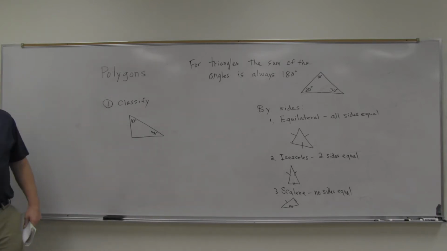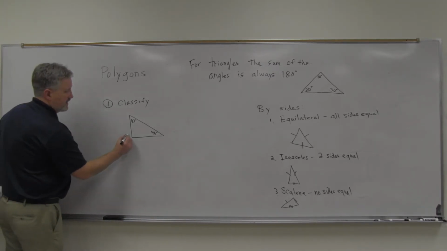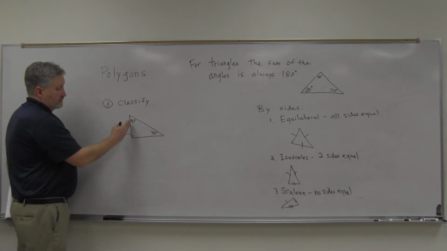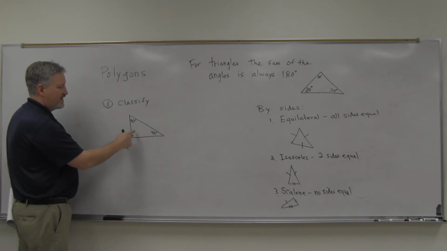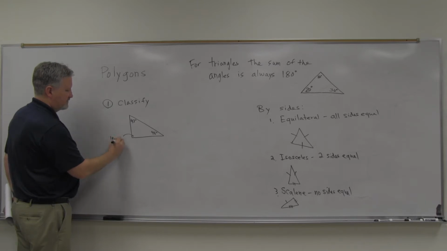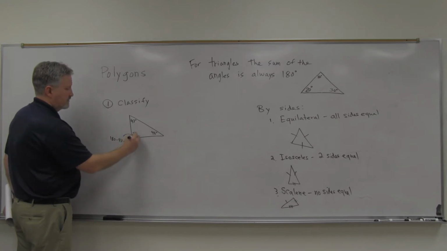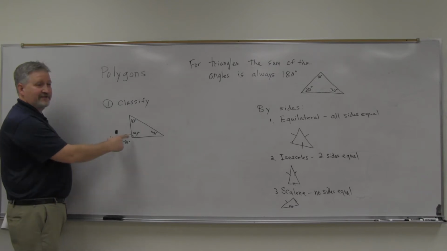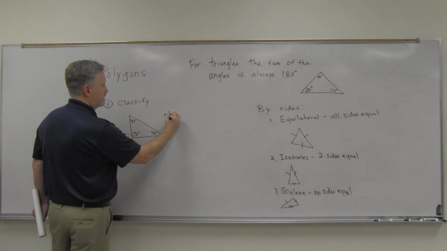All right, so a couple of things we would need to know for that is, of course, this angle right here, since it's not given. If we did compute, that angle right there would have to be 180 minus the other two, right? Which that's going to put it at 91 degrees. So that makes this one an obtuse angle, isn't it? Bigger than 90. So this is an obtuse triangle.